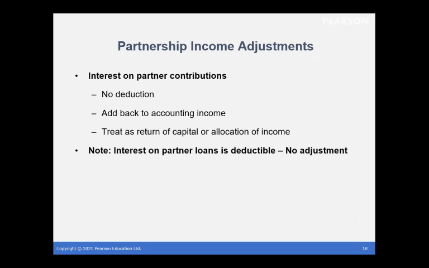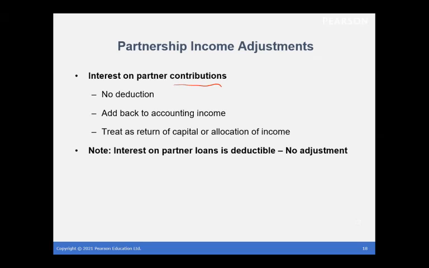Partnership income adjustments. So interest on partner contributions. If the partners started this partnership, they brought in some money. That's called a contribution. That's the money that partners put in. So say you've got two partners, they each bring 100,000 in. That's their contribution.